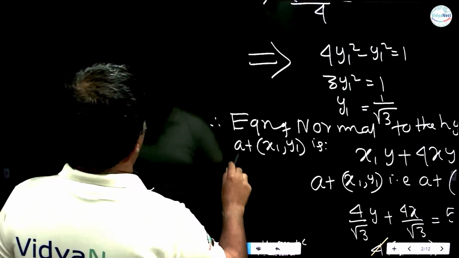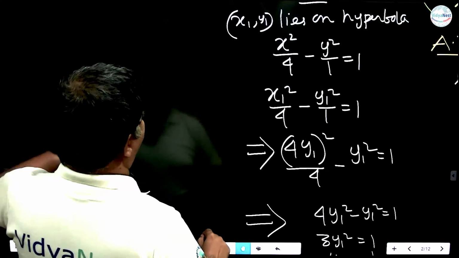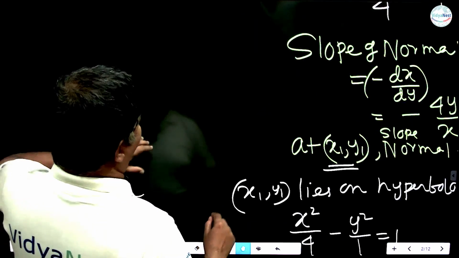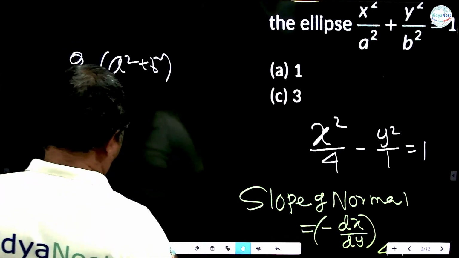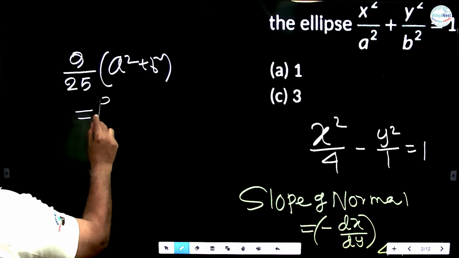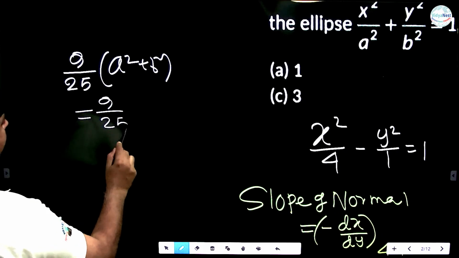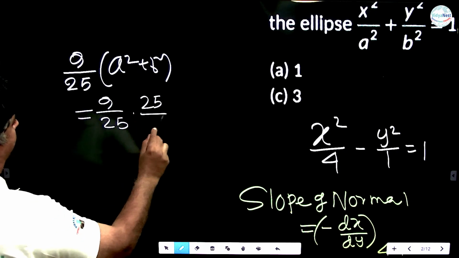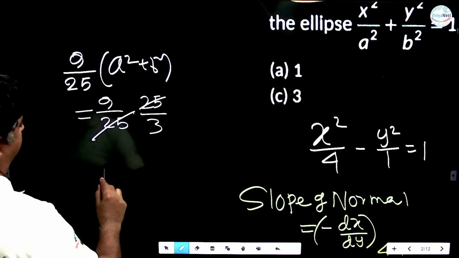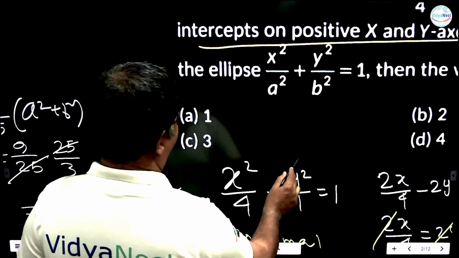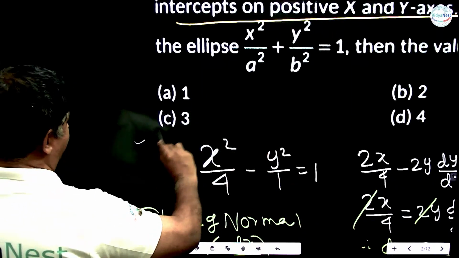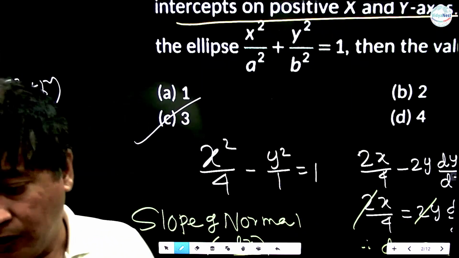Just plug this value and put 9 by 25, 25 by 3. Answer 3. Does it match with any option given above? Yes, it matched with option C. Okay.